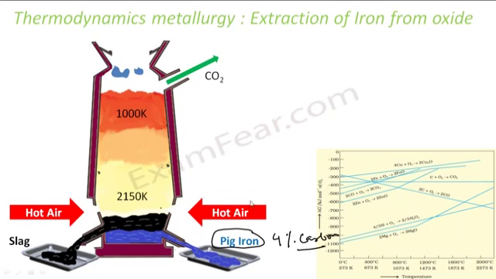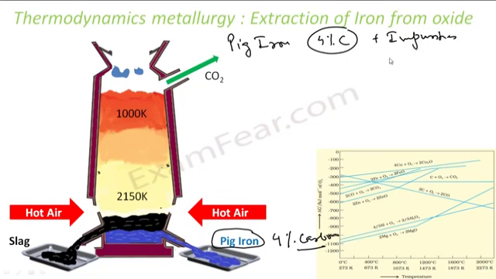For example, this pig iron has 4% carbon plus impurities, and these impurities are sulfur, phosphorus, silicon, etc. This is called pig iron, and you can cast it into different shapes. Now, a little better quality from pig iron is cast iron.